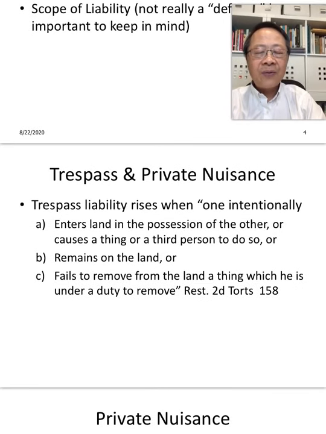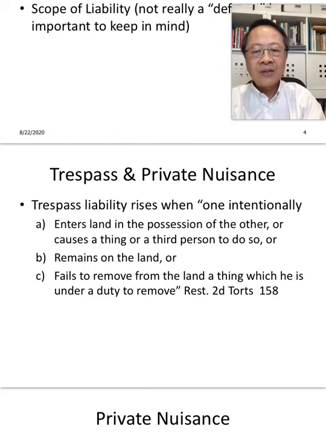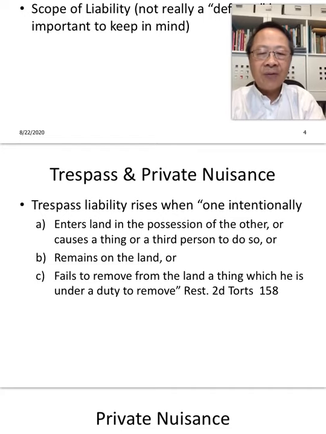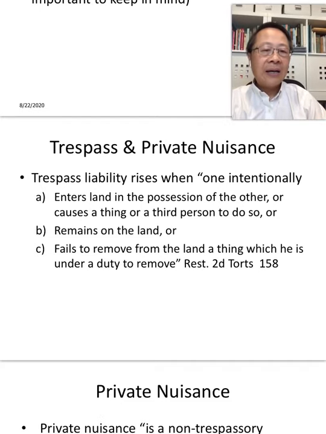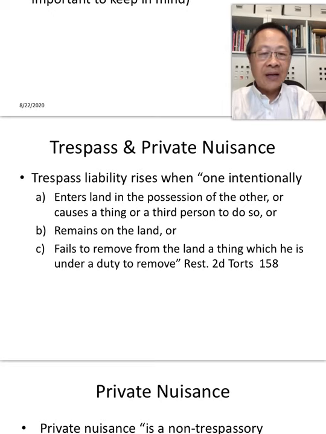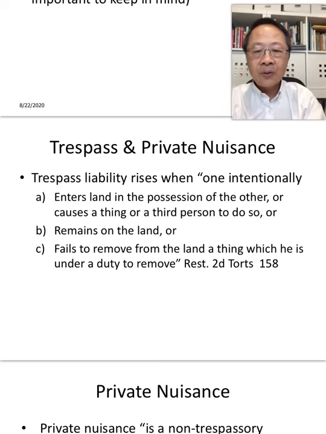The second set of important doctrines under the common law that is significant for our purposes is trespass, and I contrast it here with private nuisance. Trespass is really most straightforward, something that you should have encountered in property and in torts.